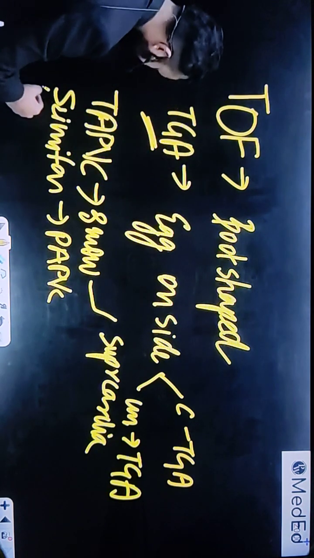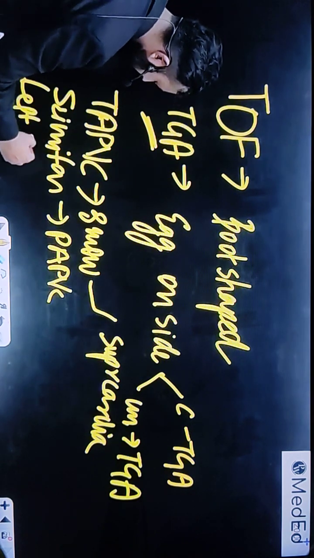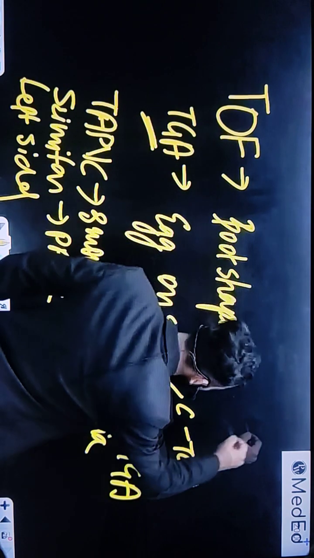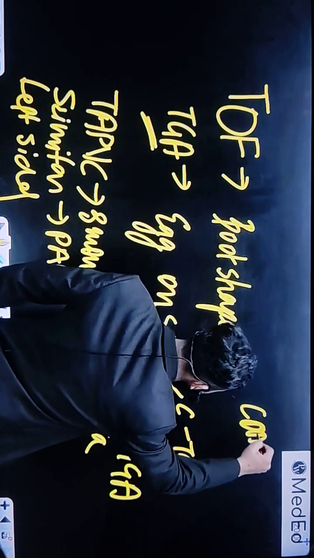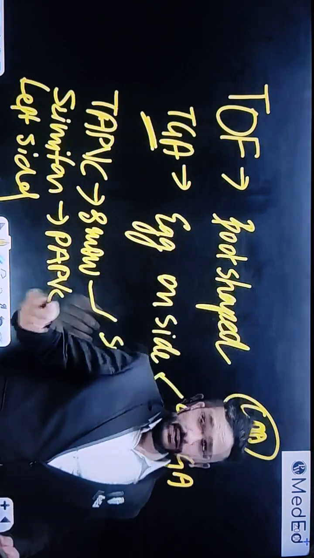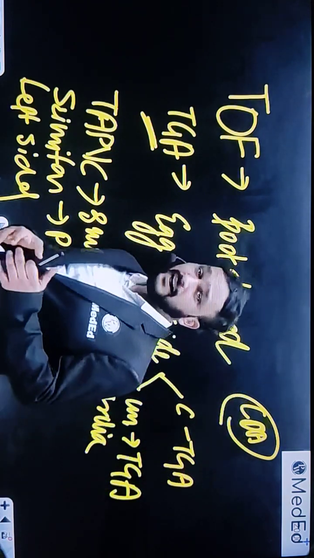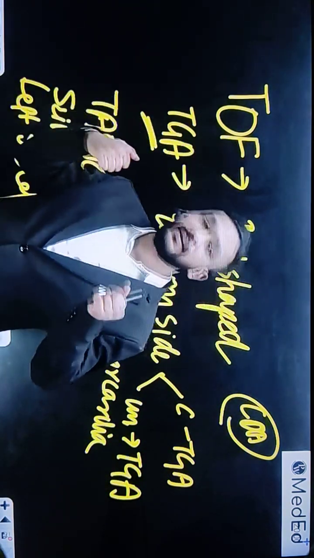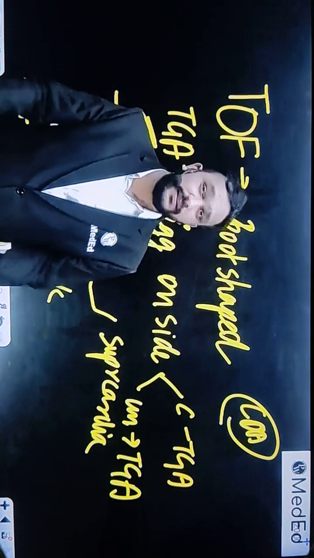Okay, we discussed left-sided isomerism, and we discussed coarctation of aorta, how it resulted in inferior rib notching. Inferior rib notching is known as Roesler sign, and rib notching can be seen on both sides. It can be seen on the right side, it can be seen on the left side. So just try to think about all these conditions.